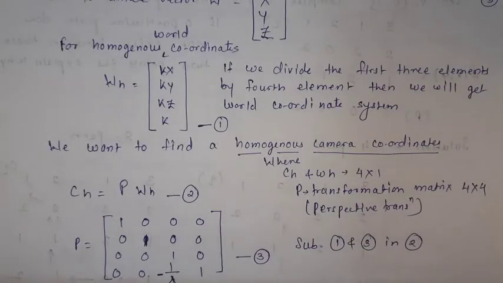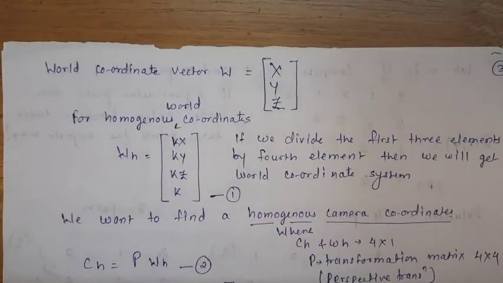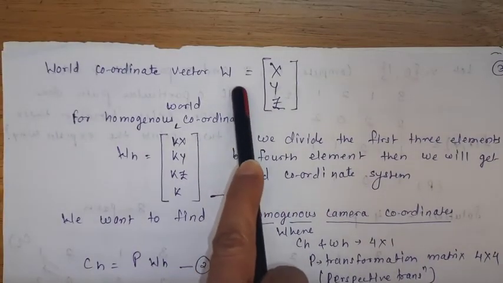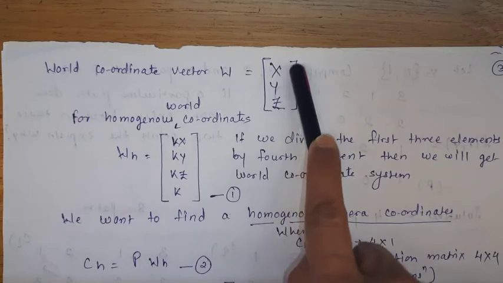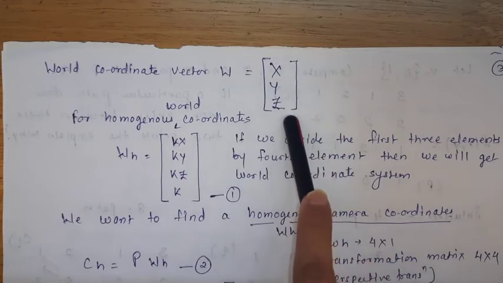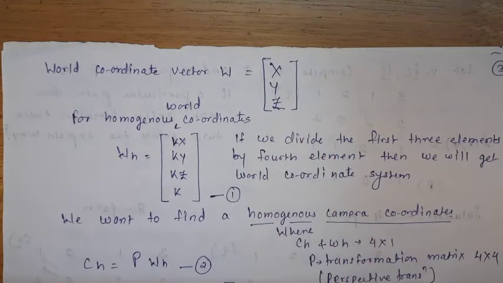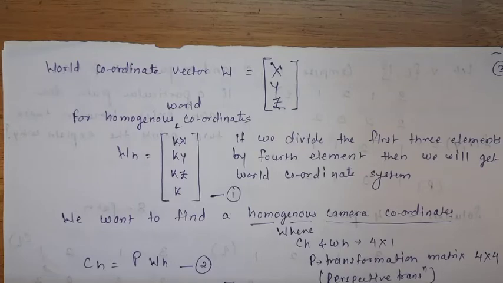Now the world coordinate vector is given by W, and there are three coordinates, capital X, capital Y, capital Z. Just for a better representation and to make the system easy, we are using the homogeneous coordinate system.